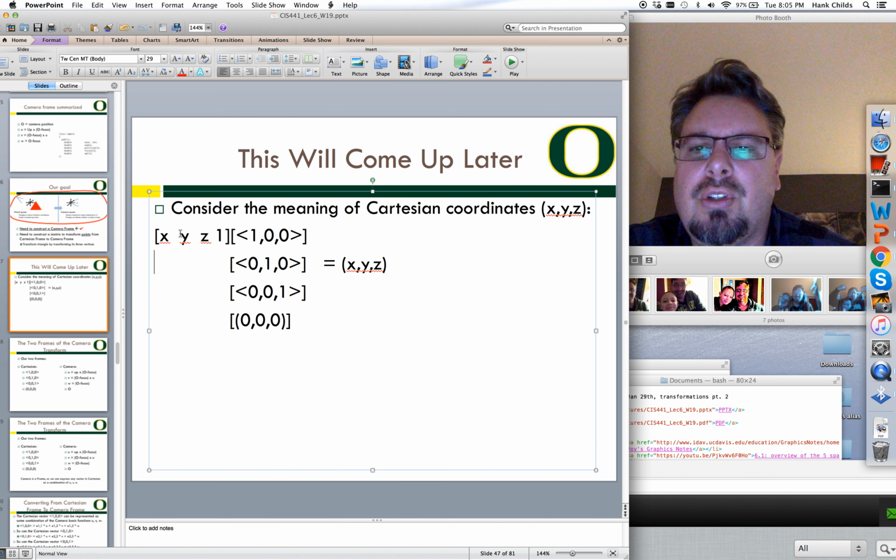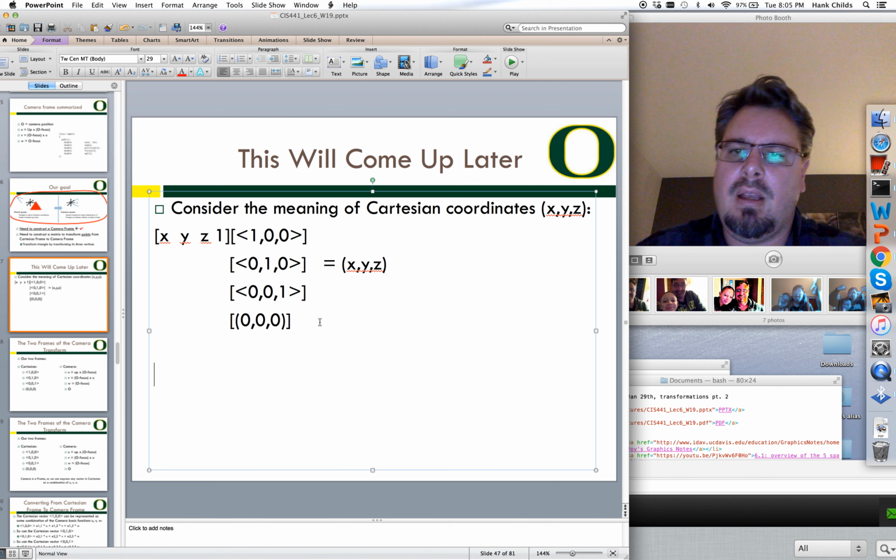And so if you multiply these two together, what you really get is a scalar times a vector plus a scalar times that vector, which is equal to the vector x, 0, 0, and another scalar times a vector y times 0, 1, 0, and that's equal to this vector, and so on.